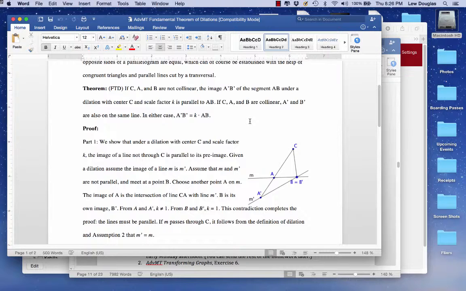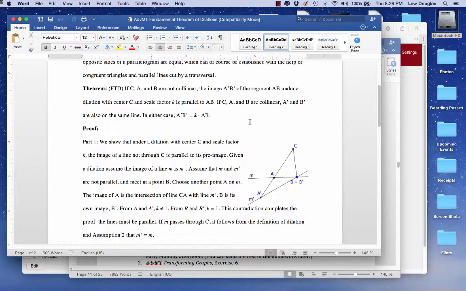That does not follow from the definition. And also, it's parallel. So it won't be collinear this time, but it will be parallel. And as I said, the last sentence says, if they are collinear, then it's what I just said.